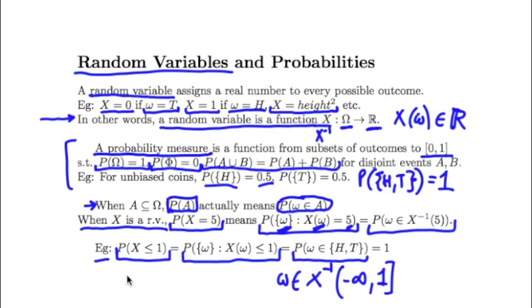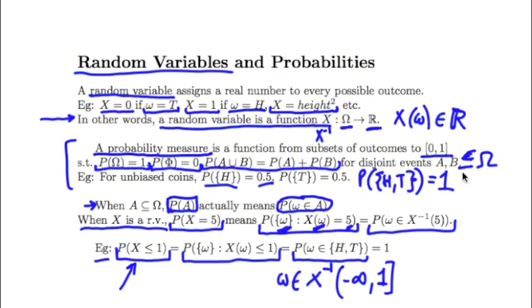Of course, this is a trivial example in which you could have immediately seen, for a coin where I assign 0 and 1 to heads and tails, that the probability that X is less than or equal to 1 must be 1. But here's the more rigorous way of arguing about it. We really assign probabilities only to subsets of events, like omega, phi, and A and B, which are subsets of the sample space.